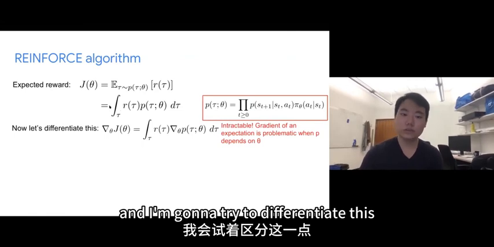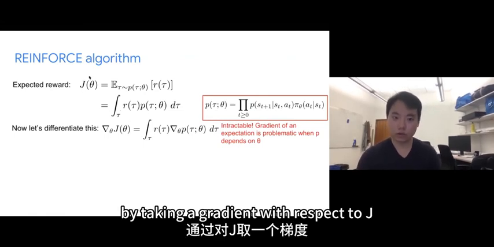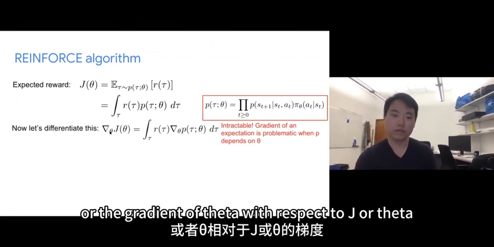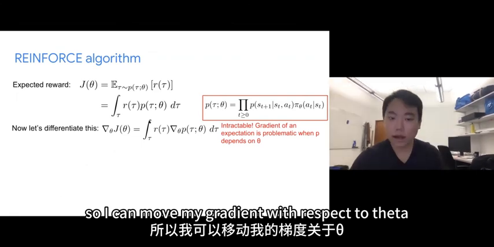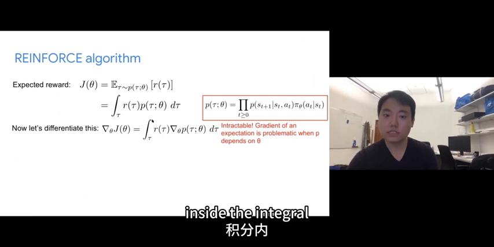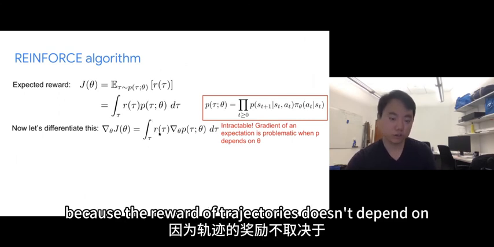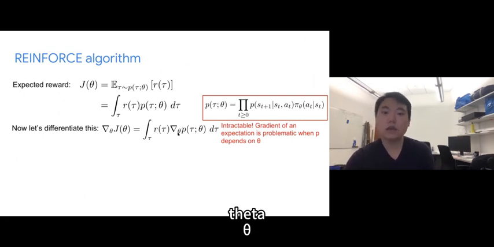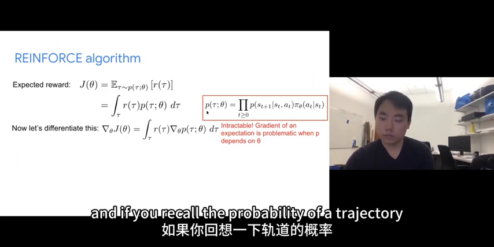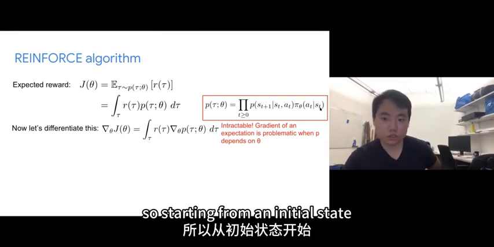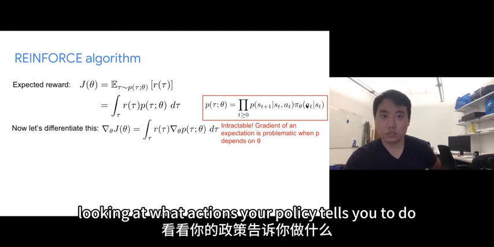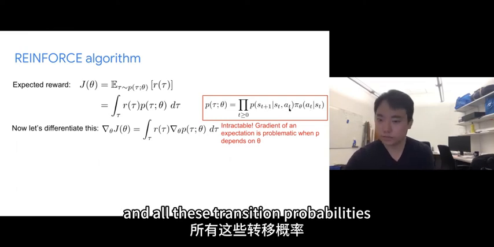And I'm going to try to differentiate this by taking the gradient with respect to theta of J of theta. So I can move my gradient with respect to theta inside the integral because the reward of trajectories doesn't depend on theta. And if you recall, the probability of a trajectory is equal to the product of all of these terms: starting from the initial state, looking at what actions your policy tells you to do, and all these transition probabilities.